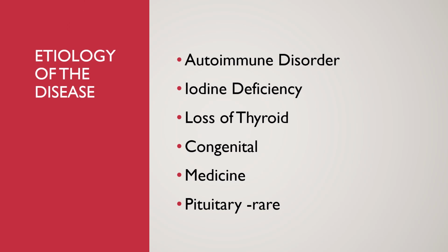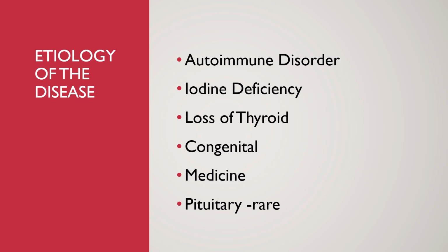So the etiology of the disease, that is what could be some of the causes for hypothyroidism. Well, one could be an autoimmune disorder. Such disorders could be Hashimoto's disease, and that's where the immune system makes antibodies that attack healthy tissues. You could have iodine deficiency. So like I said on the previous slide, when the thyroid can't make T3 and T4 without that iodine, it can cause the thyroid to be hypoactive.